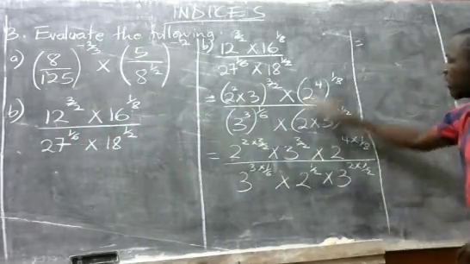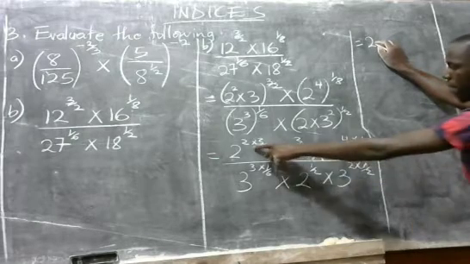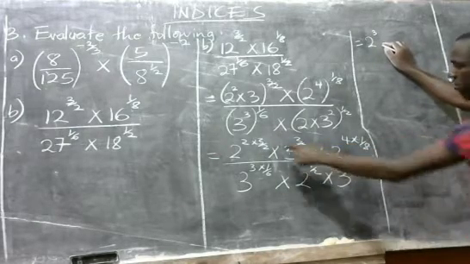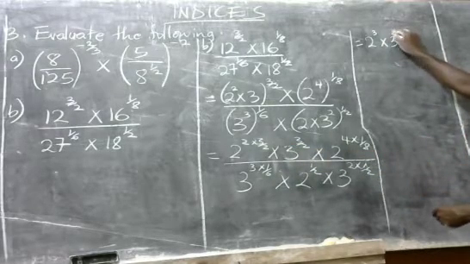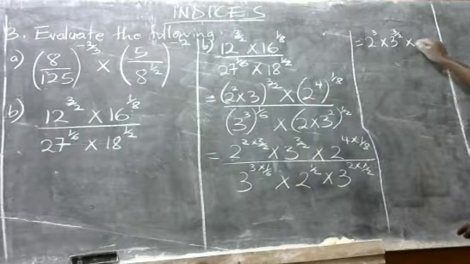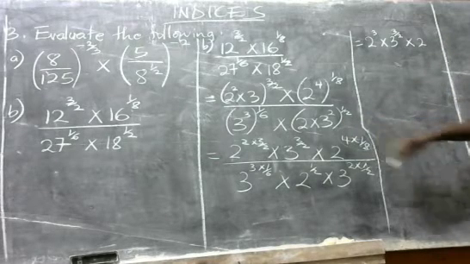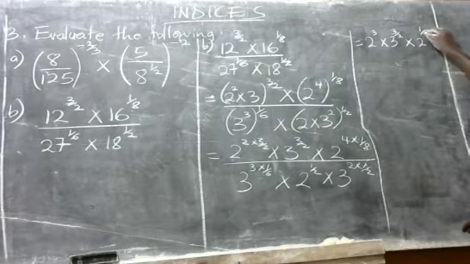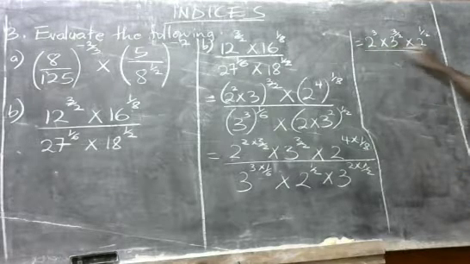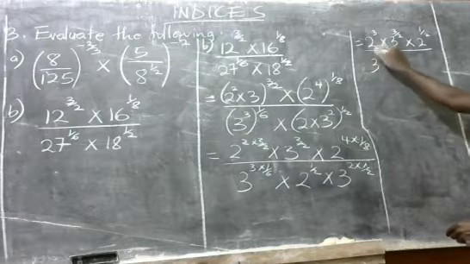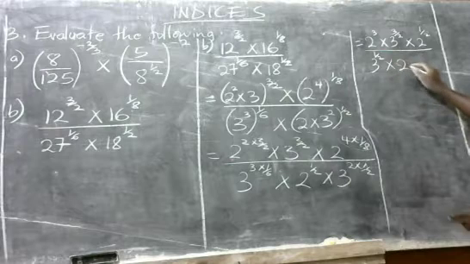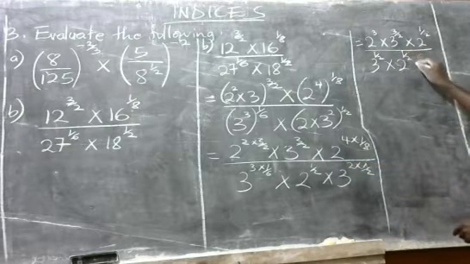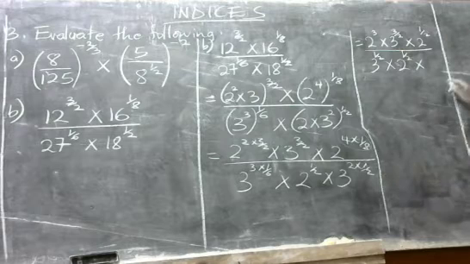So when I compute that, I'm having 2 power 3, because the 2 cancels, then times 3 power 3 all over 2, then times the 2. When I compute this, it becomes power a half, all over 3 power a half, then times 2 power a half, then times the 3 there, power 1.